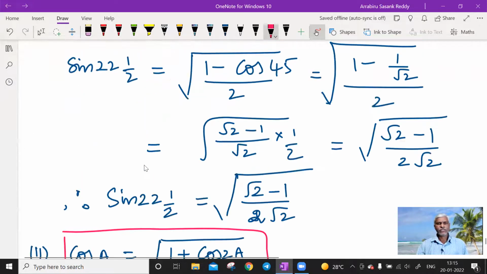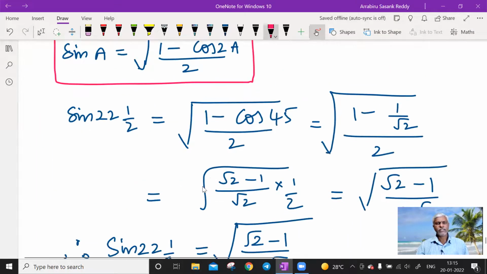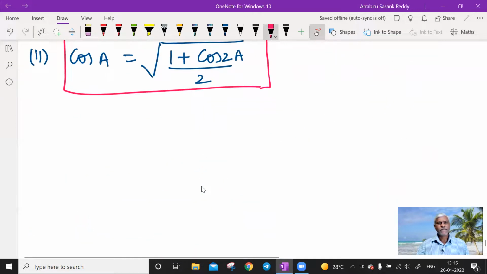This is also the cos 2A formula, 1 minus 2 sin square A. From that we get sin square A is equal to 1 minus cos 2A by 2. So here cos square A is 1 plus cos 2A by 2.